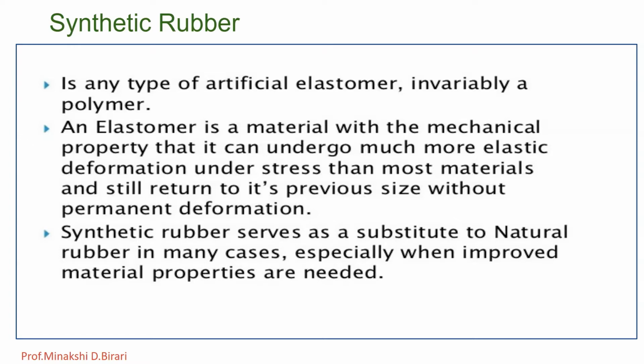The first synthetic rubber was made in Germany during World War I when Allied forces of America and Britain cut off the supply of natural rubber to Germans, and the starting material was 2,3-dimethyl-butadiene, a monomer which on polymerization gives synthetic rubber.